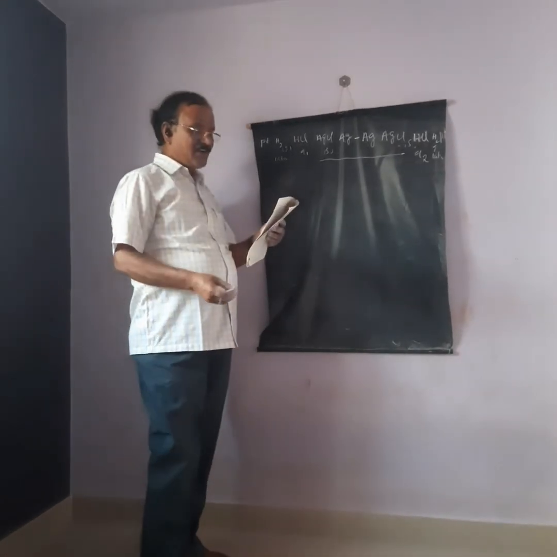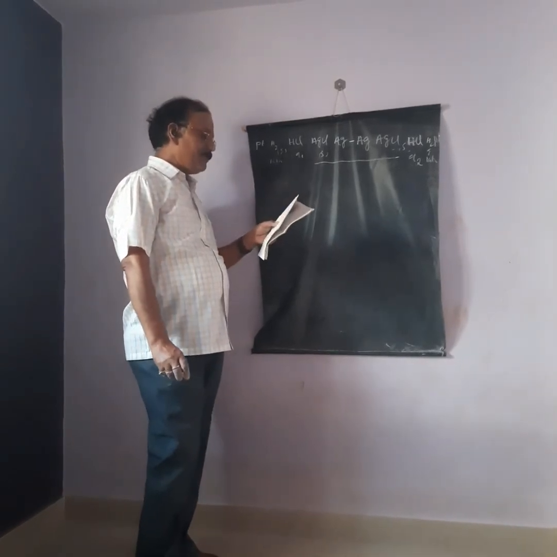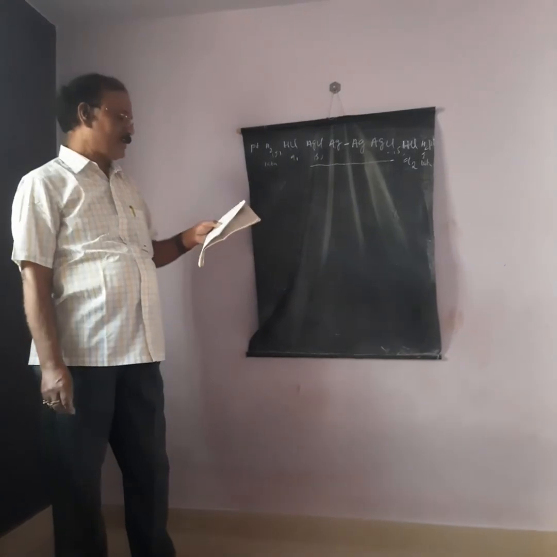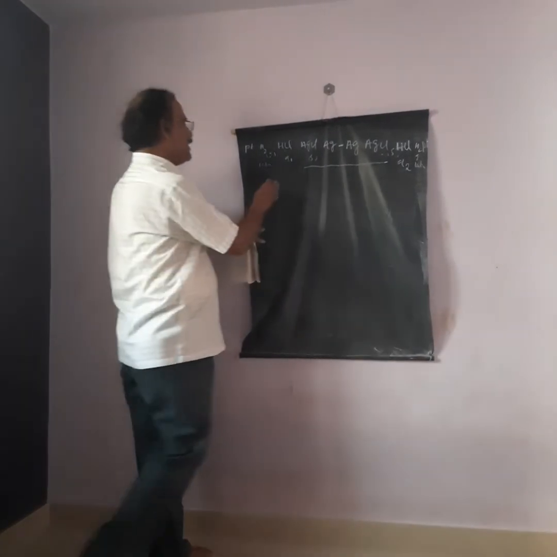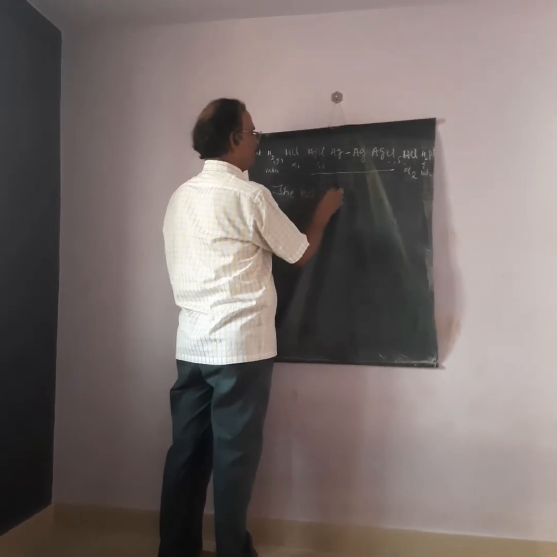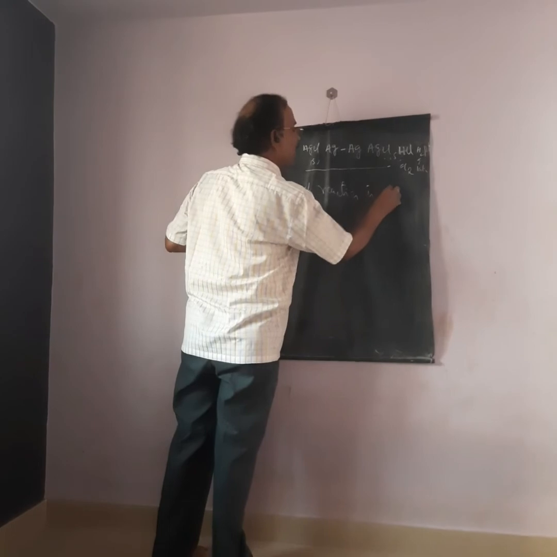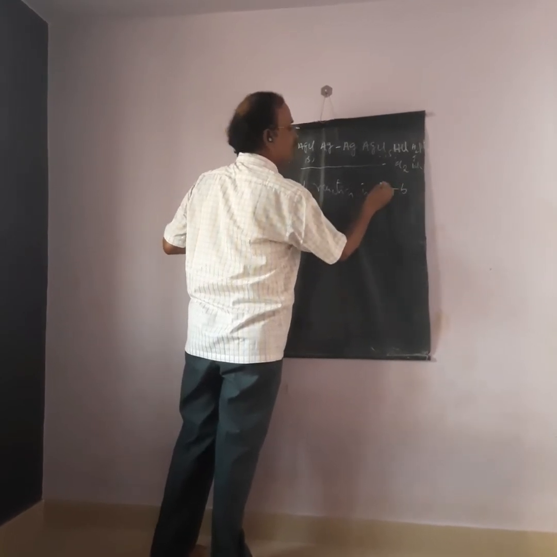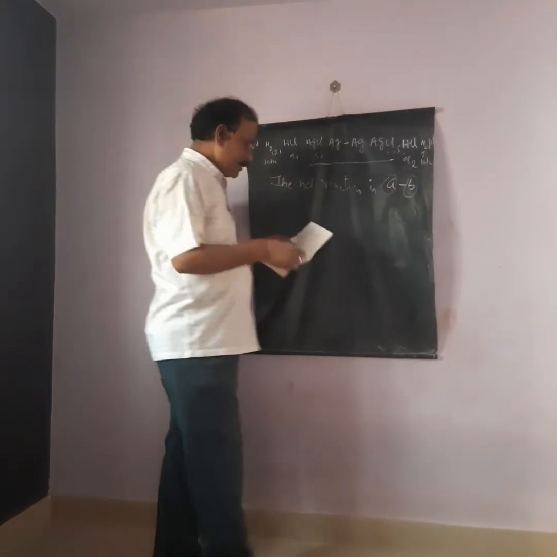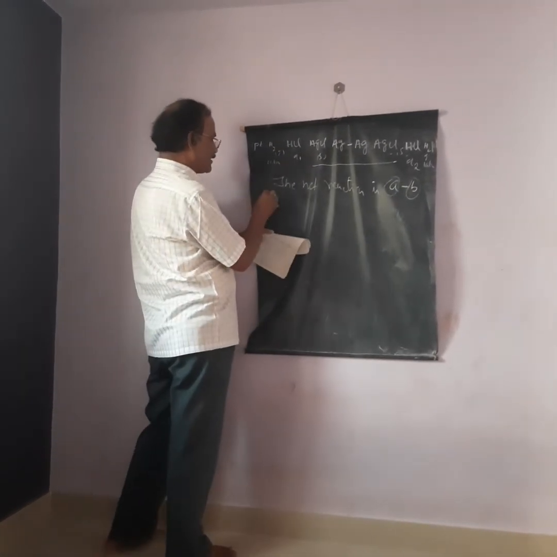The net reaction of the combined cell will follow from the difference of the two reactions above, that is A minus B. We can write reaction A and reaction B.